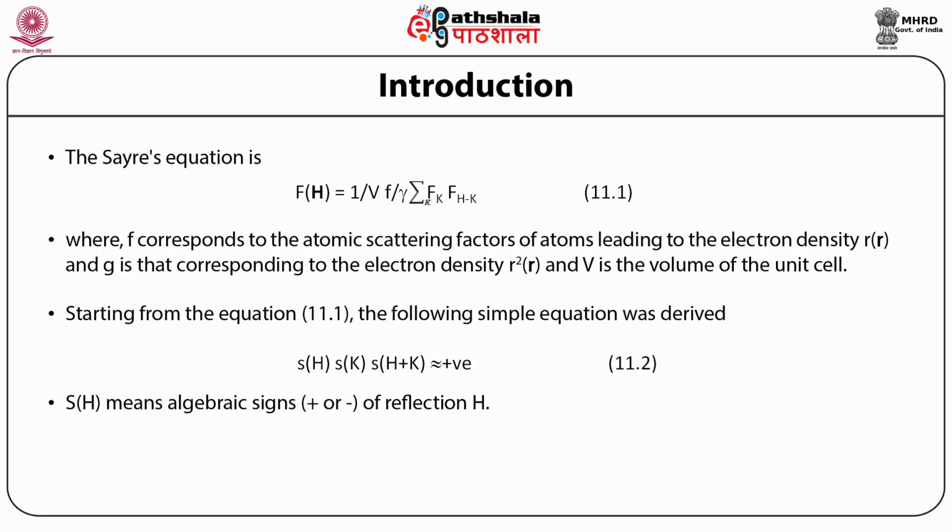But your ultimate aim is to locate the atomic positions, for which you have to compute the electron density at various points, and only at the atomic sites, called Rj or Xj, Yj, Zj corresponding to the jth atom, the electron density will be maximum. But unfortunately, to do this calculation, one has to know not only the structure factor amplitudes of Bragg reflections coming from experimental measurement, but also the individual phases of these Bragg reflections, which do not come from experiment.